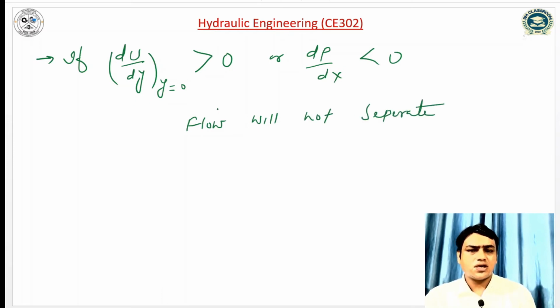So this is the condition when flow will not separate: when our du by dy at y equal to 0 is greater than 0, or pressure gradient dp by dx is less than 0, then flow will not separate.